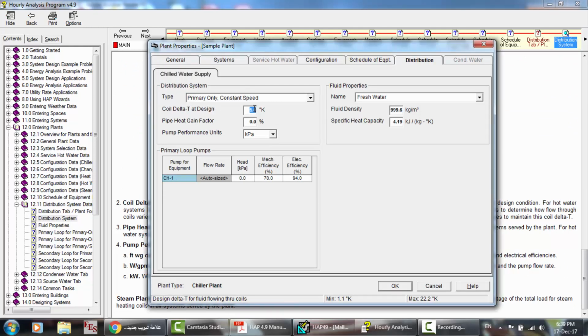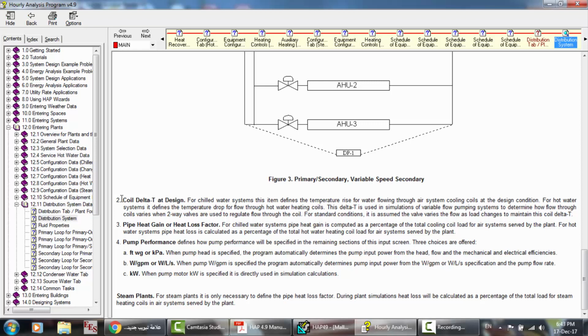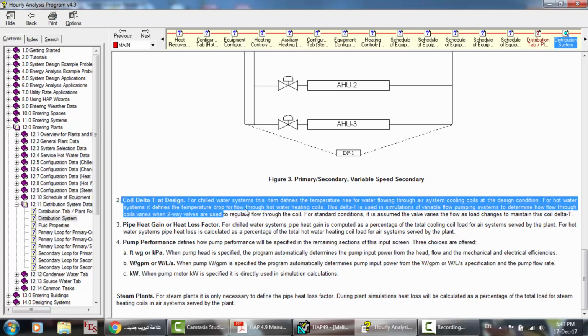After finishing selection, here is the coil delta T at design. So the coil delta T at design, for chilled water systems, this item defines the temperature rise for water flowing through the air system cooling coils at the design condition. For a hot water system it defines the temperature drop for flow through hot water heating coils.